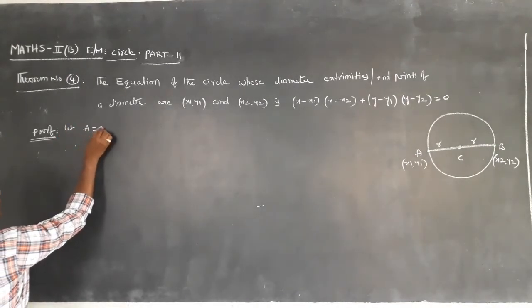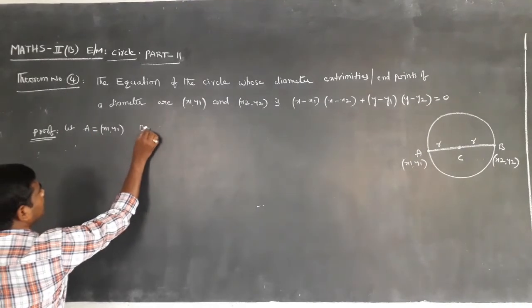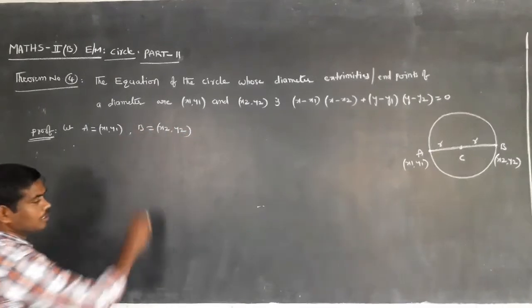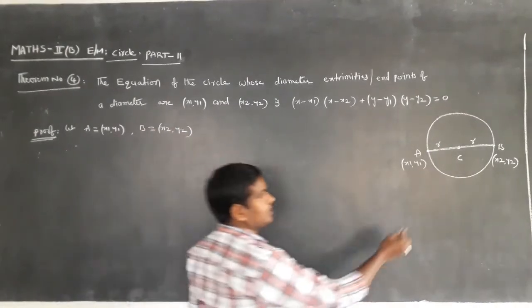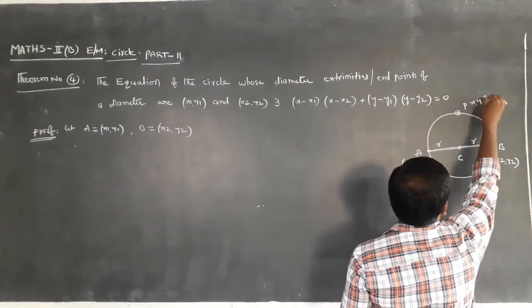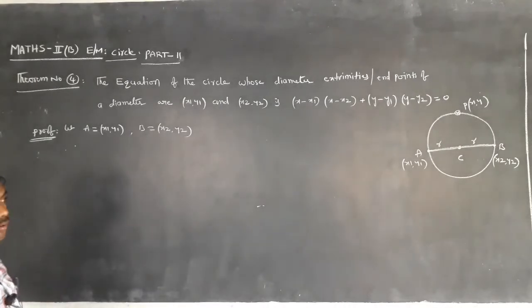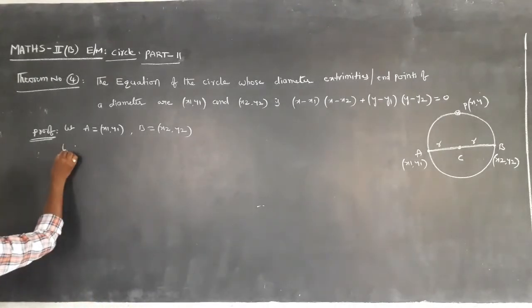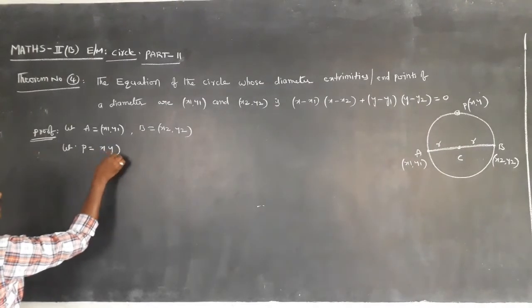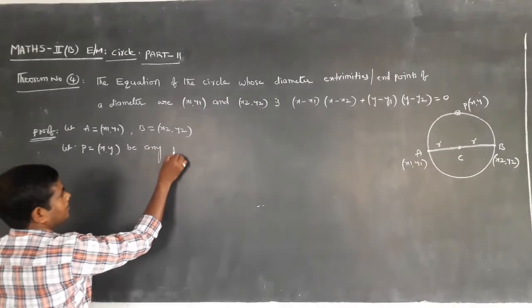Let A be (x1, y1) and B be (x2, y2). Let P(x, y) be any point on the circle.